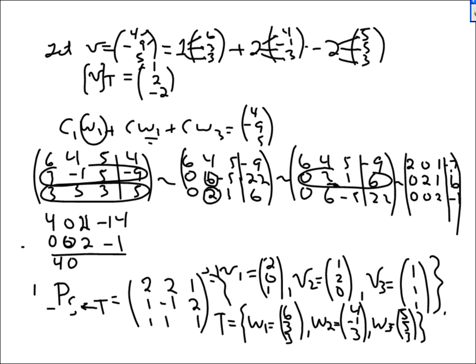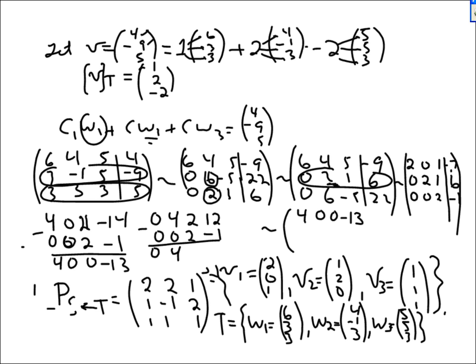I get 4, 0, 0, negative 13. And I'm going to double the second row and take away the third row from that. Make it 0, 4, 0, 13. And the third row, I'm not going to change.